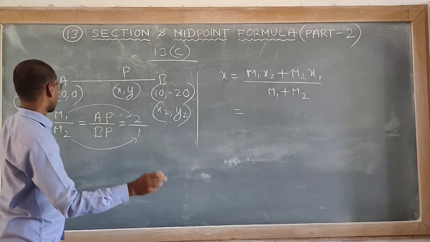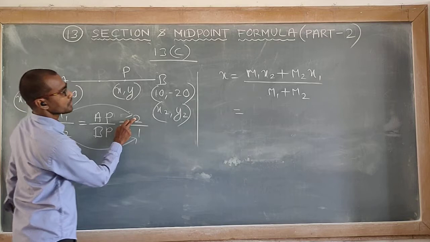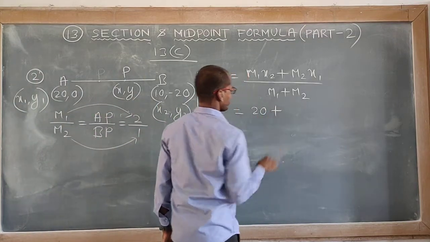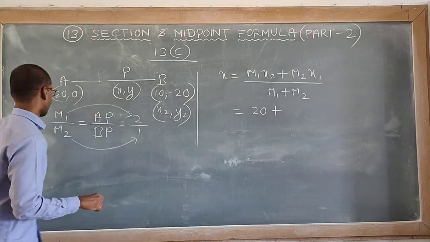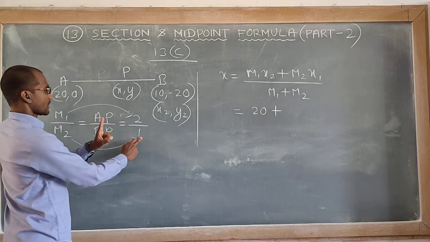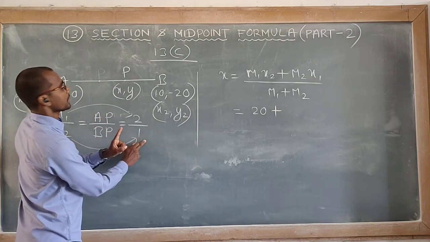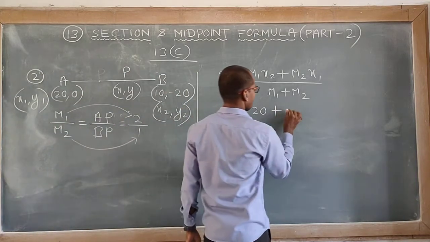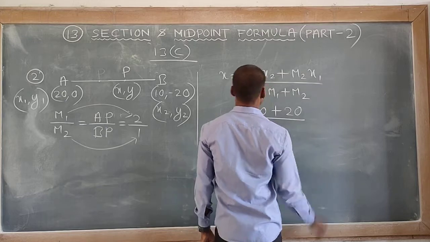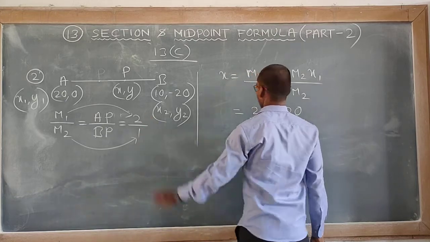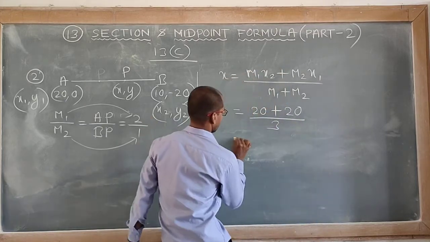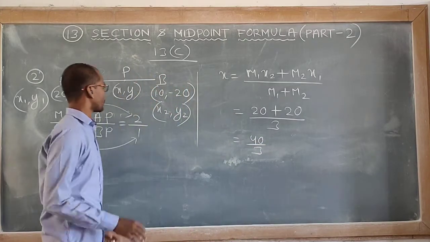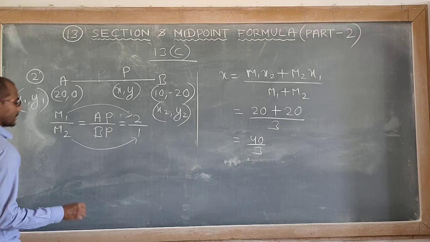So m1 x2 means 2 into 10, that is 20. m2 x1 means 1 into x1, x1 is 20, so 1 into 20 is 20. m1 plus m2, 2 plus 1, 3. So x is equal to 40 by 3.